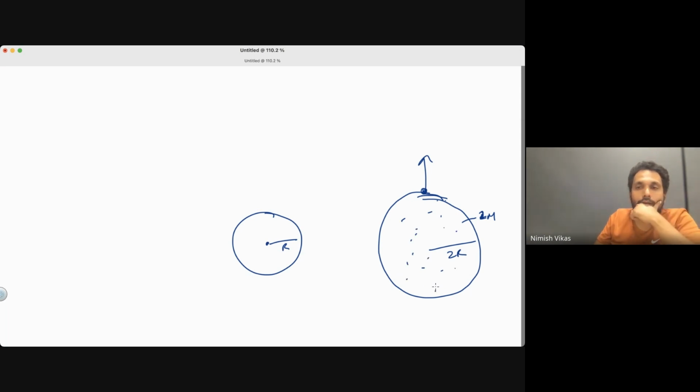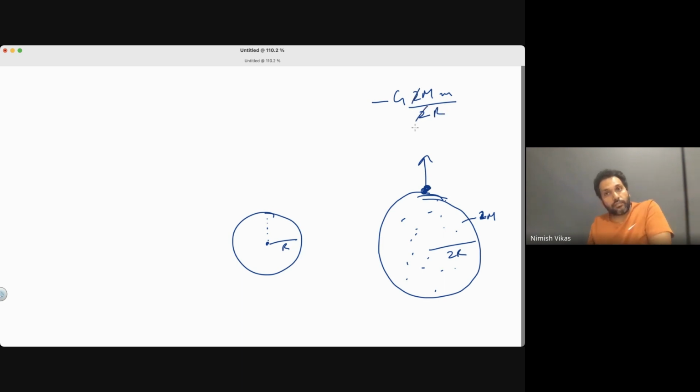But the escape velocity from here will come the same, because your potential energy part will come as minus G 2M m by 2R.